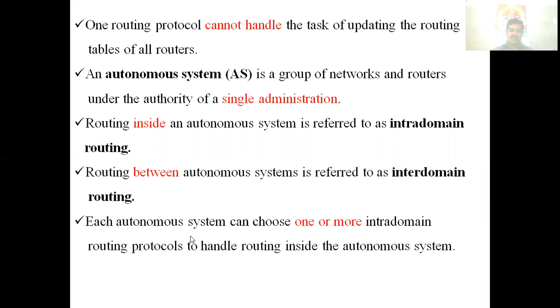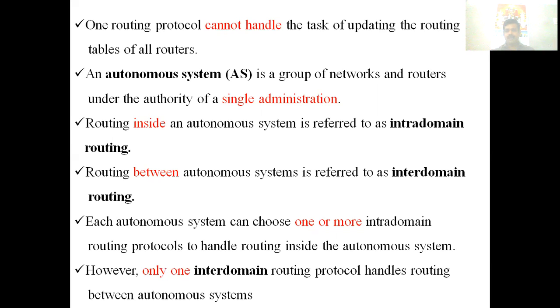Each autonomous system can choose one or more intra-domain routing protocols to handle routing inside the autonomous system. If the autonomous system needs two intra-domain protocols, it can choose them.